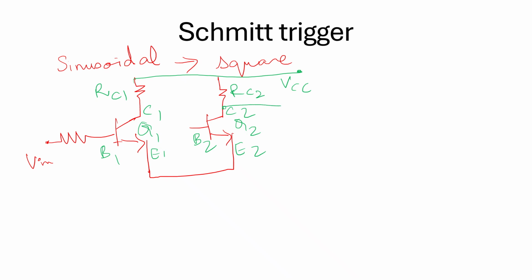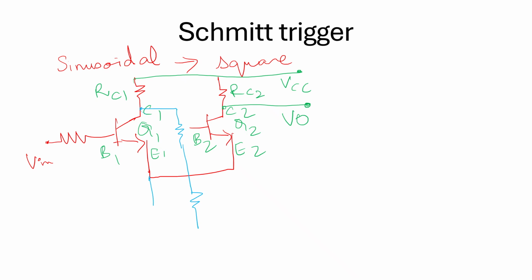So we are going to get the output from the collector terminal of transistor Q2, by connecting a resistor in the output of the first transistor.